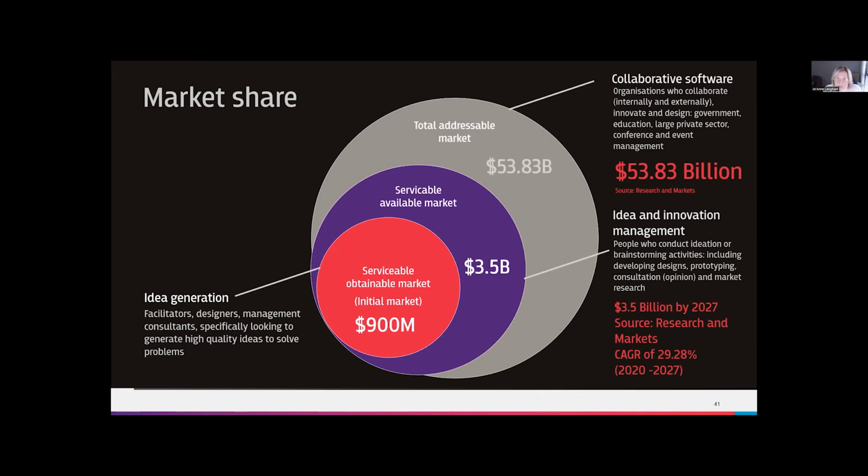My specific focus, however, is the idea generation part of that market rather than innovation management. And that's really a market of around 900 million. Okay, so that was a way that I have applied it for my own business model.